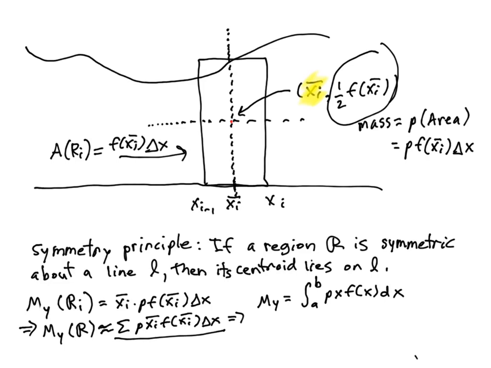Okay, so let's go on to the next page here. The moment with respect to x of the ith rectangle is going to be, we're going to take the location, 1/2 f of xi bar, and multiply it by the same mass as before.